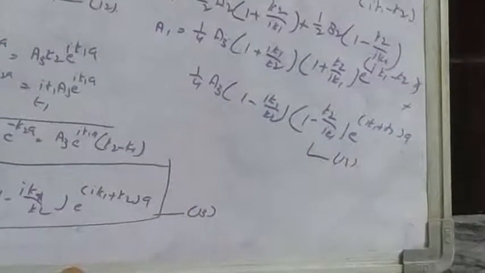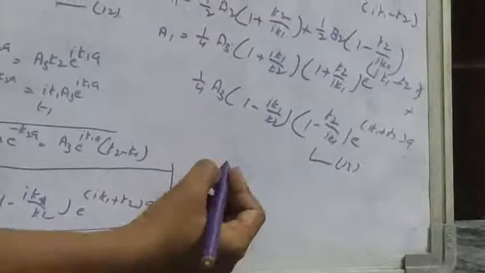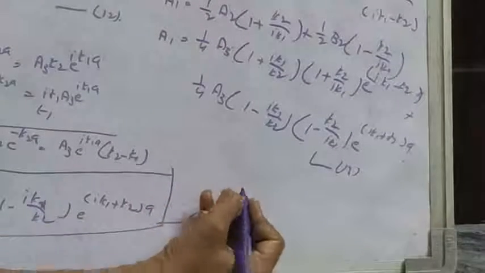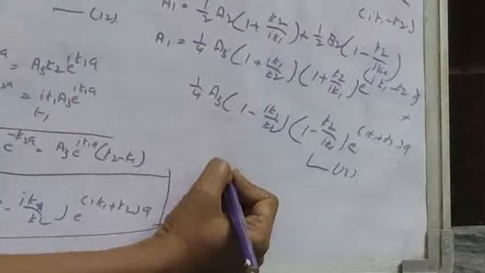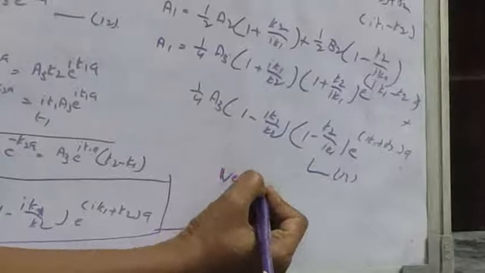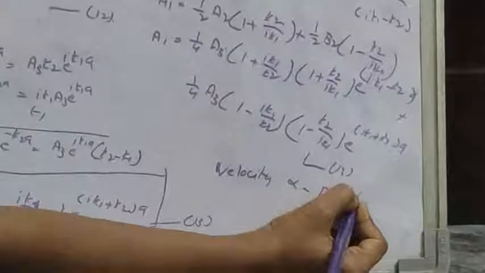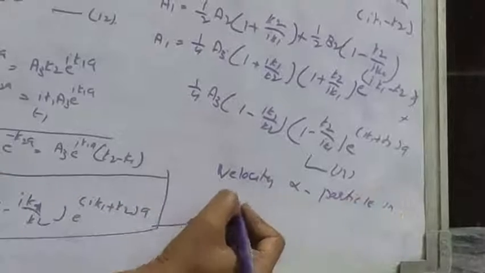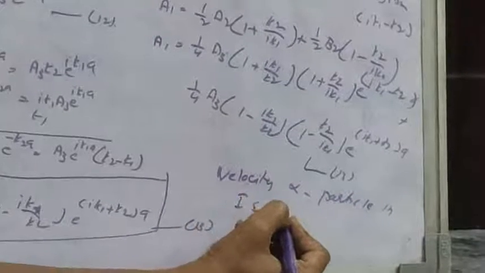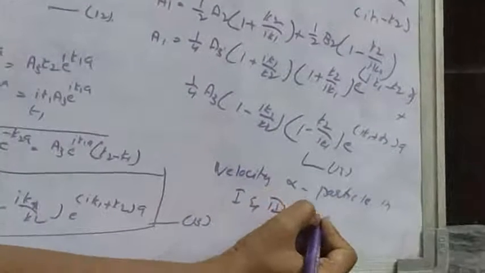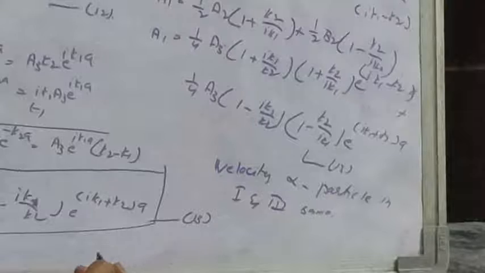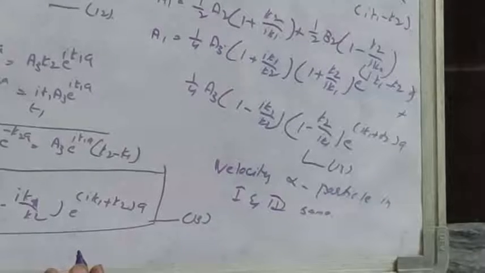Now, the velocity of the alpha particle in region 1 and region 3 is the same, but in region 2 the velocity of the alpha particle is different.